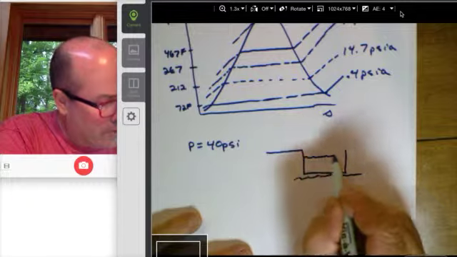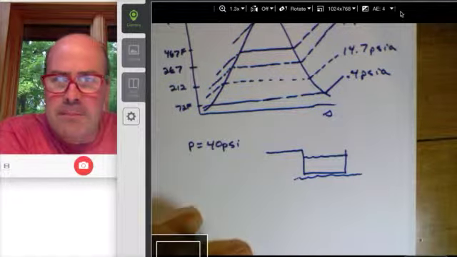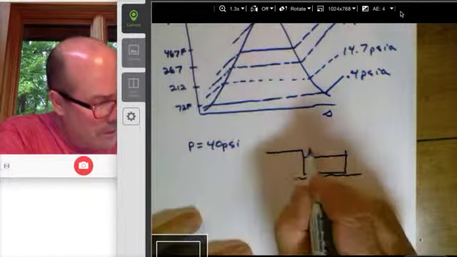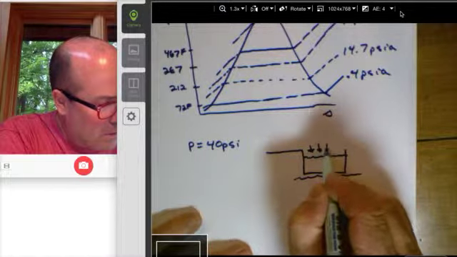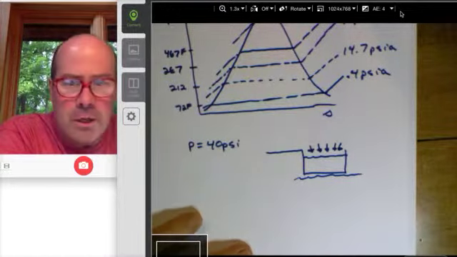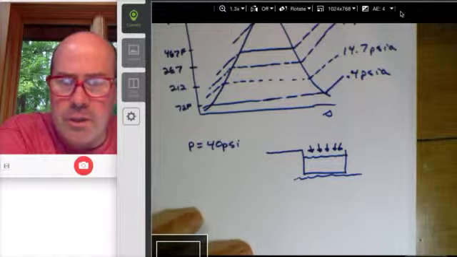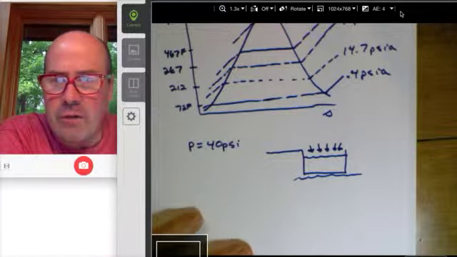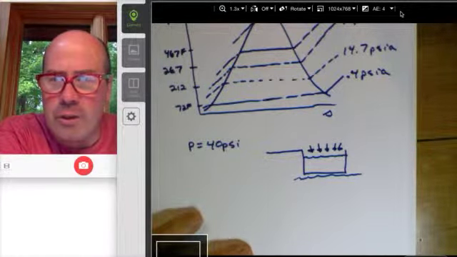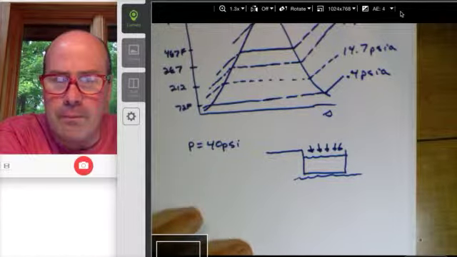This water is being held in place by the air pressure. Now, the air pressure is how many pounds of force are coming down on every square inch of that surface of water.